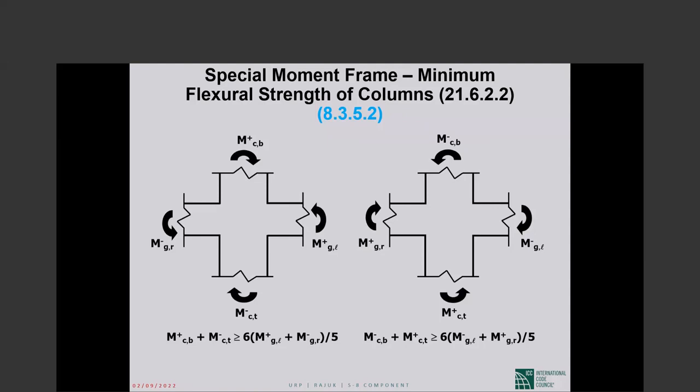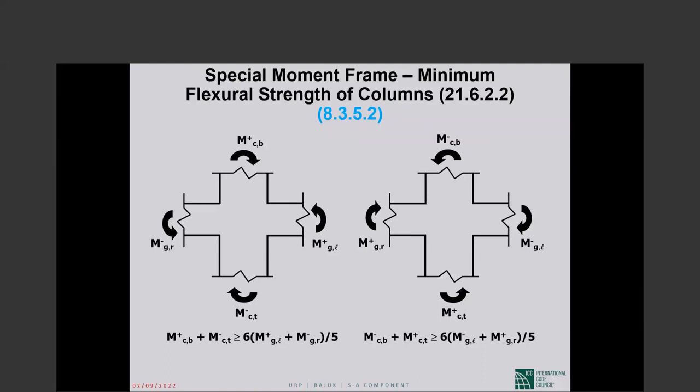The columns have to be stronger. The idea is if there is hinging, as there will be in the design earthquake, we design for that. The hinging should be in the beams, not in the columns.